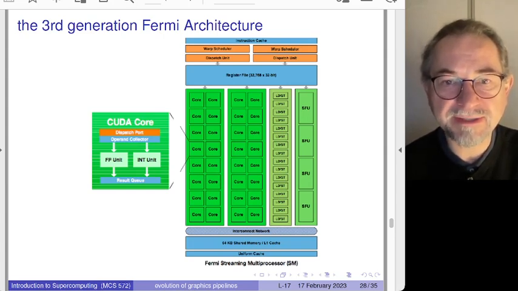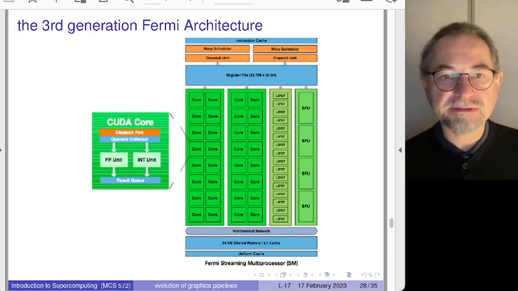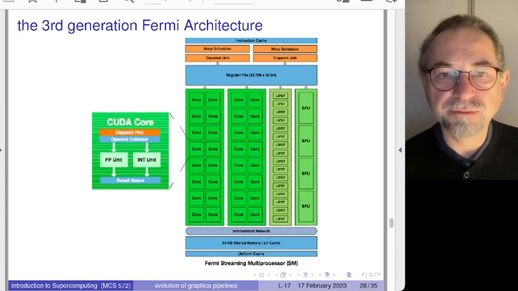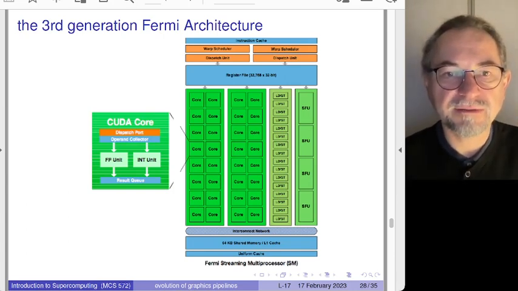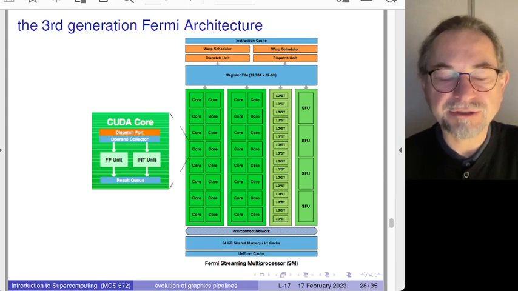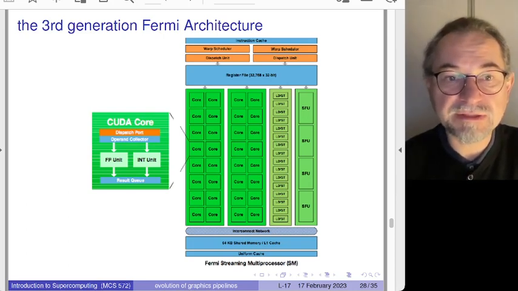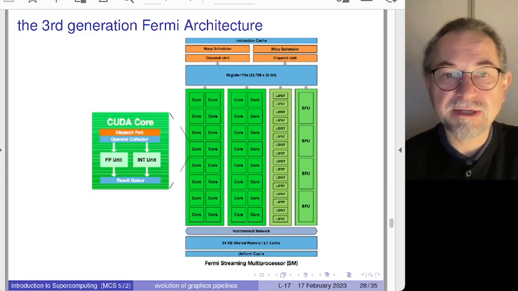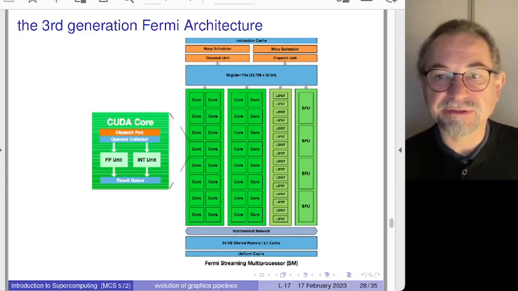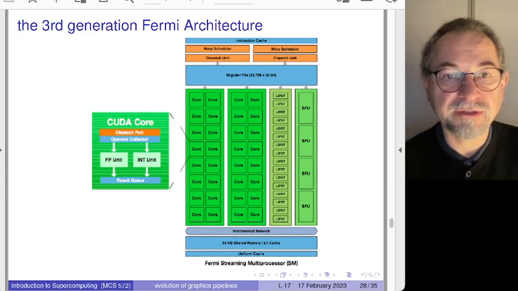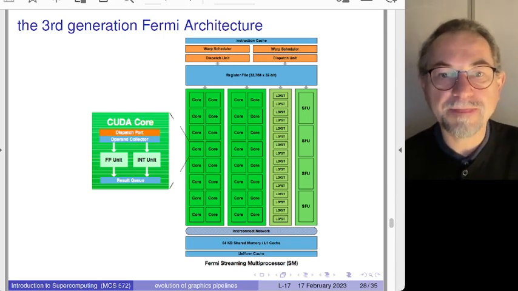So here is a schematic. In the last lecture, I was indicating that in contrast to the CPU, the cores in a GPU are much more limited. Here every core has two types of units: a floating point unit and an integer unit. In some sense, this is probably an oversimplification. You may have floating point cores that can do 32-bit and 64-bit in one core.